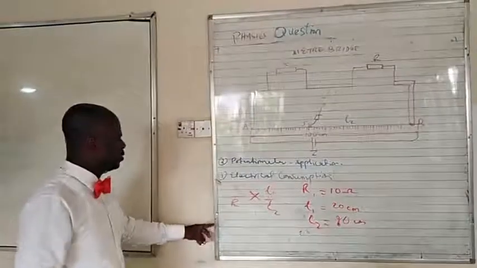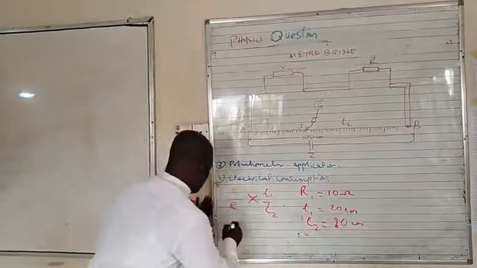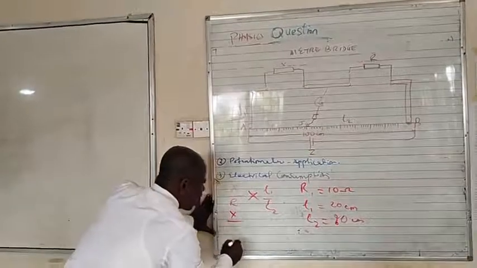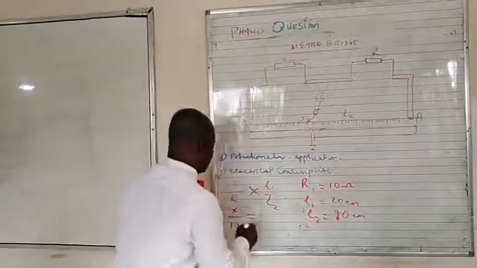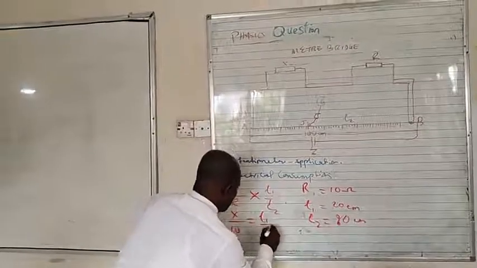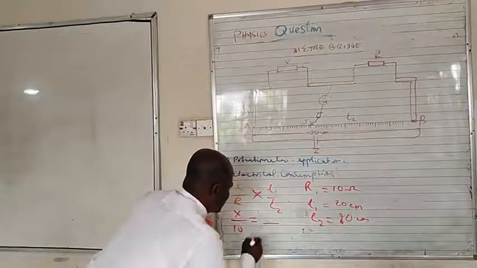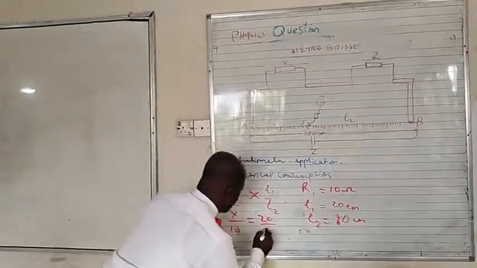That means that we can find X in this case. Now, if we substitute that into this equation, we have X over R, which is 10, is equal to L1, which is 20 centimeters, over L2, which is 80.